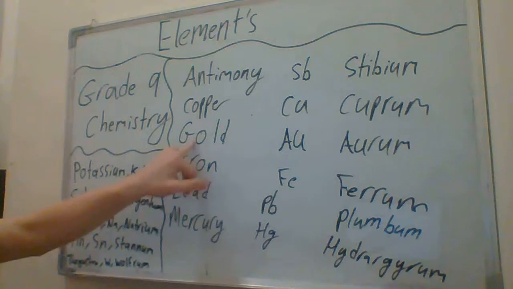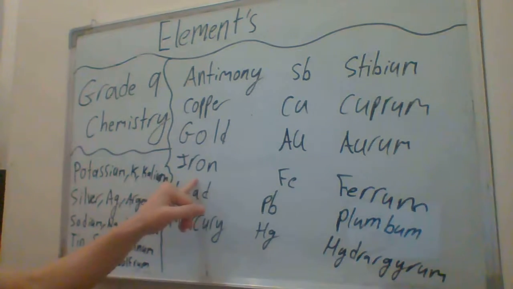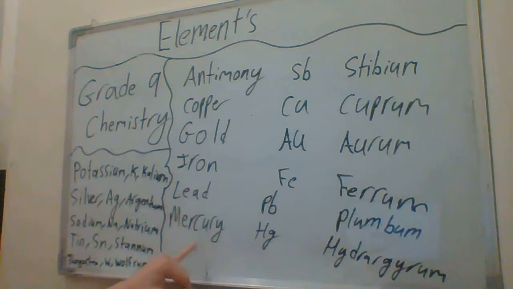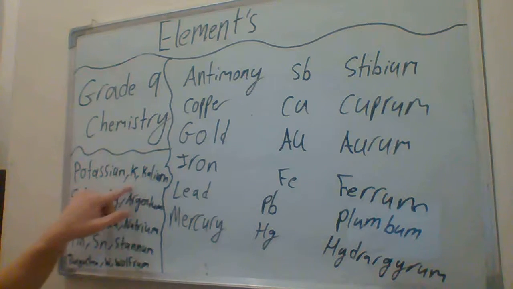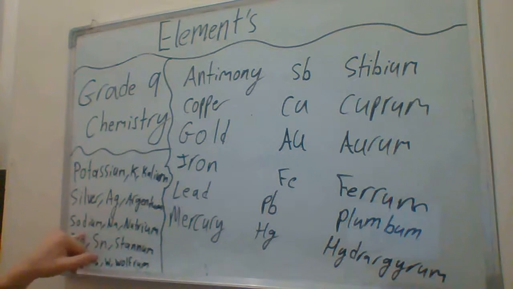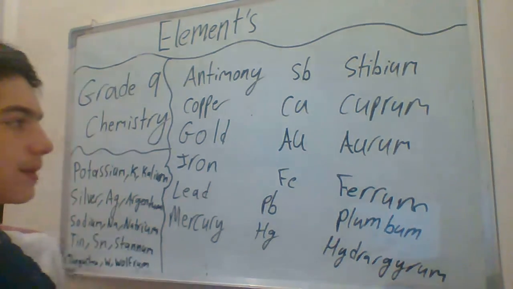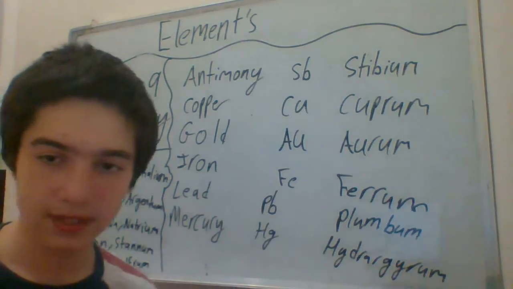What about gold? Au. Iron, Fe. Lead, Pb. Mercury, Hg. Then potassium K, silver Ag, sodium Na, tin is Sn, and tungsten is W. Those are the chemical symbols, and they symbolize each element.